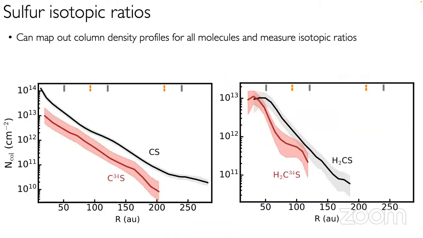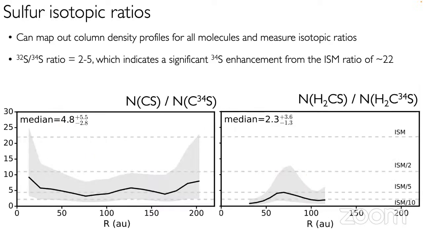Another thing we can also do is we had another 3 lines. We had the molecules, the C34S and the 2 H2CS tracers. We can also figure out their density as a function of radius, and here they are. And then if we take the ratio of those, we actually can do an isotopic analysis. We can figure out if we have too much or too little 34 sulfur relative to what you'd expect in the ISM.